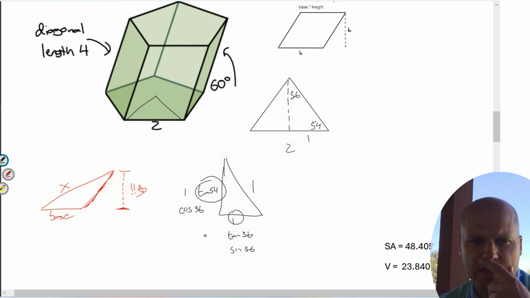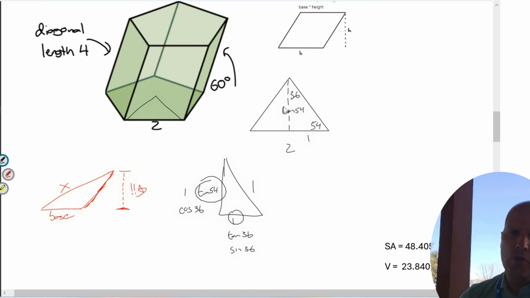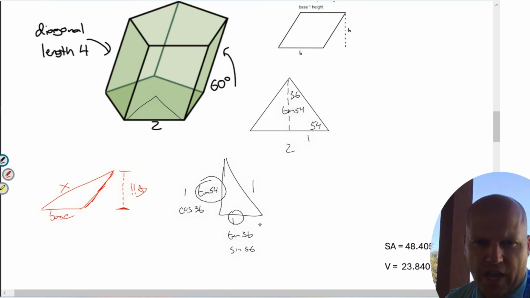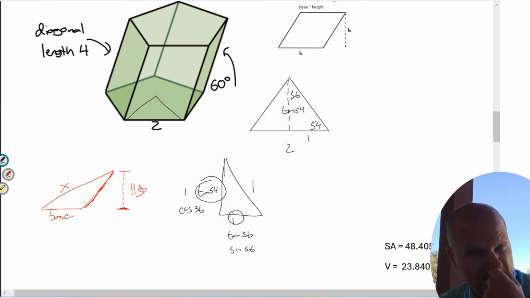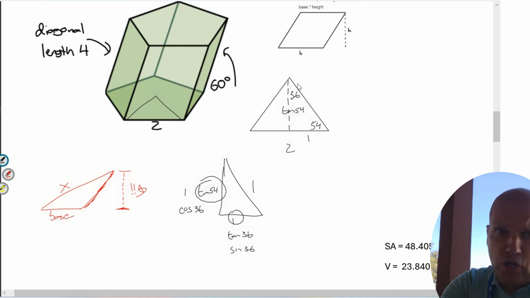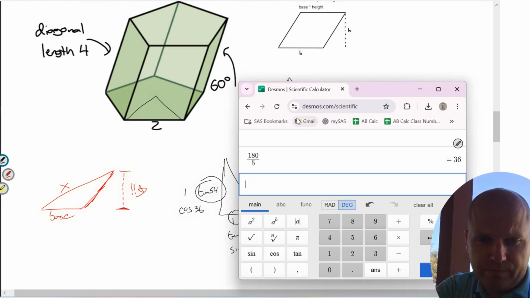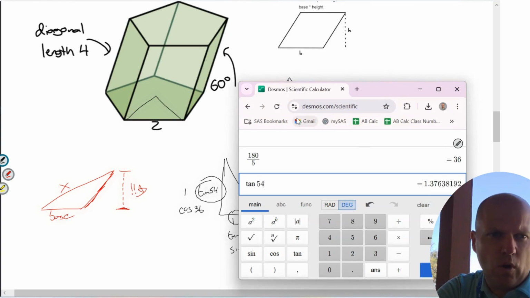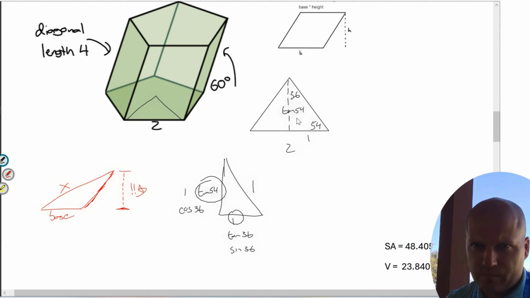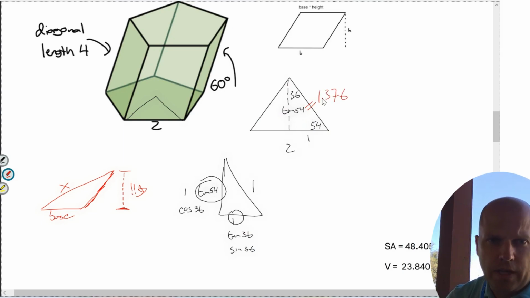This is the sine 36 over 1. This is the cosine 36 over 1. So this is going to be the tan of 54. You could also do 1 over the sine of 36 times the cosine of 36. Regardless of what you do, let's just write down the number. 1.376. Okay.